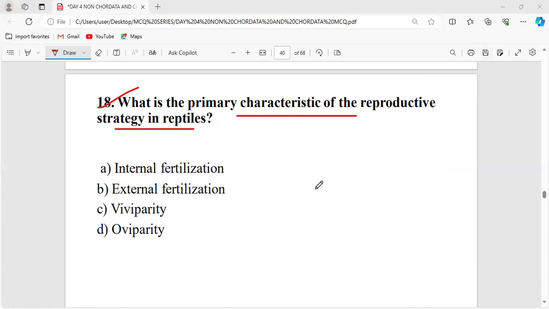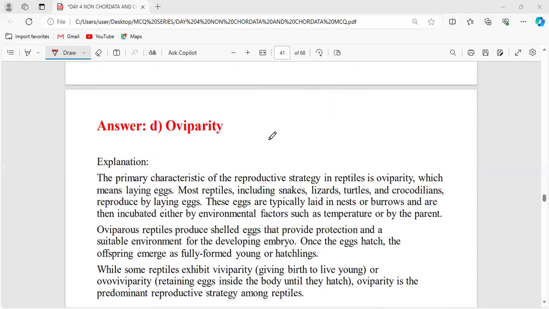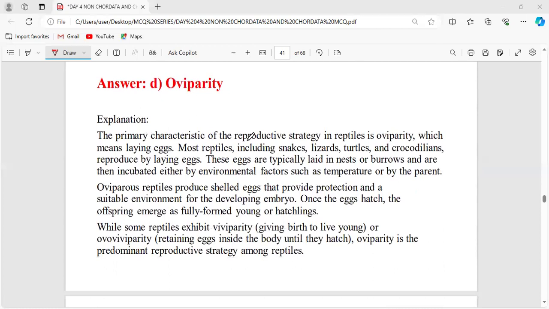You have to read the general characteristic features of reptiles. The primary characteristic feature will be oviparity, meaning laying eggs. Most reptiles, including snakes, lizards, turtles, and crocodiles, reproduce by laying eggs in a nest or burrows, and they are incubated either by environmental factors or even by the parents themselves.